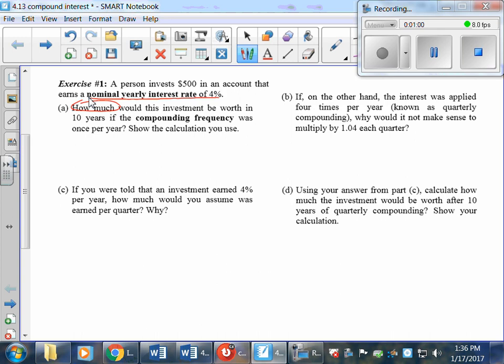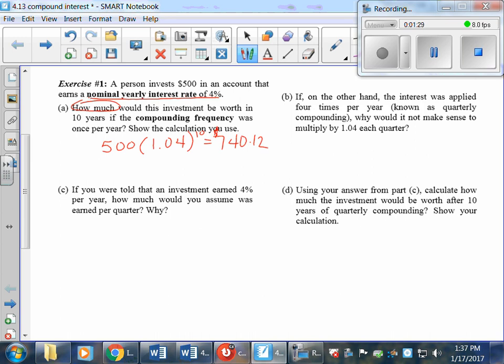And show the calculation you used. So simple, what we talked about before would be our initial times 1 plus our rate, which is 1.04 raised to the 10th power, is equal to 740 point something, but we round it to the nearest cent. So we're talking about $740.